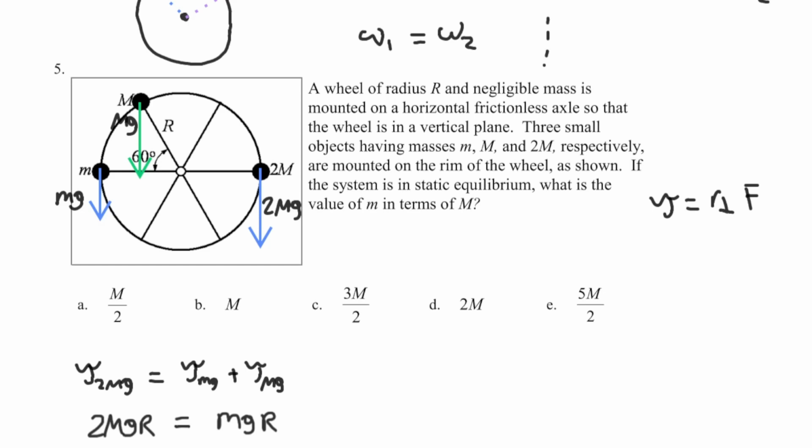Now we got to figure out what the lever arm is for the other Mg force right here. So Mg is really good to use the lever arm method for because Mg is always a vertical force. What the lever arm is for a gravitational torque is it's just asking what is the shortest horizontal distance between the pivot point and the line of action of the force.